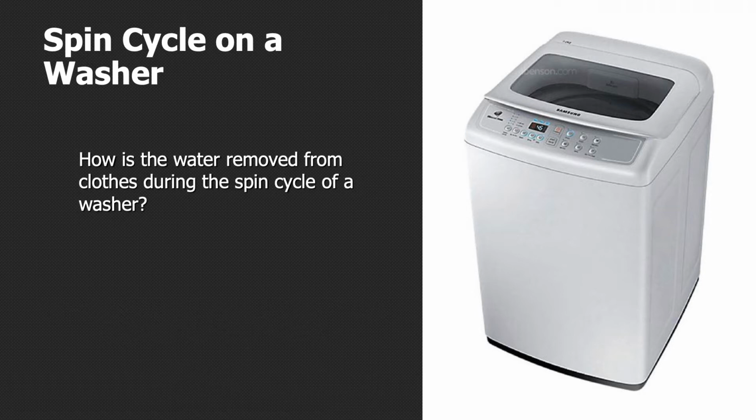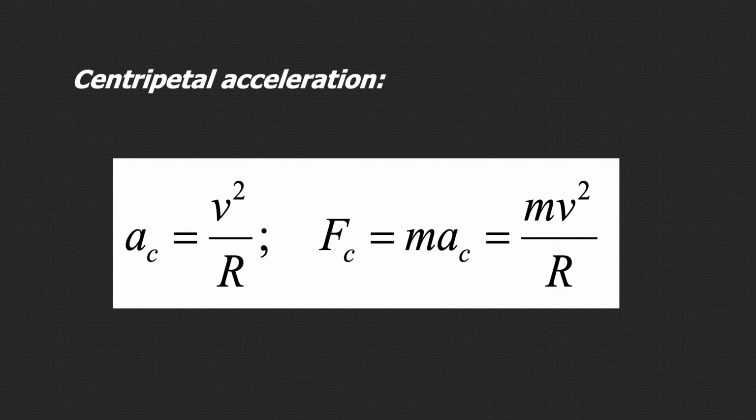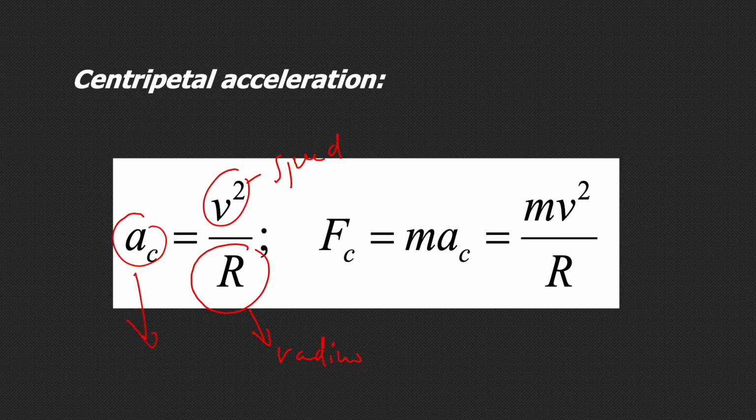Now we define centripetal acceleration as the quotient of the square of v, which is the speed, and the radius of the circle. And we know that the centripetal acceleration is directed towards the center.